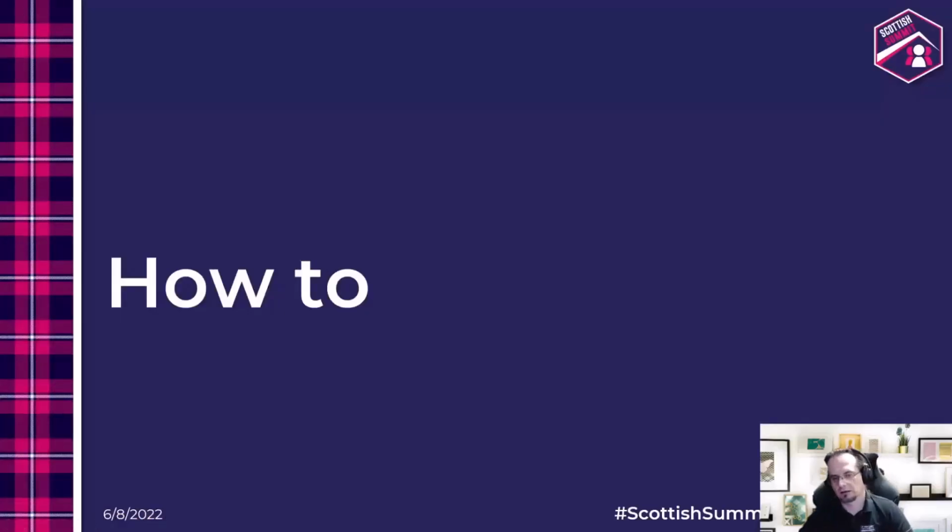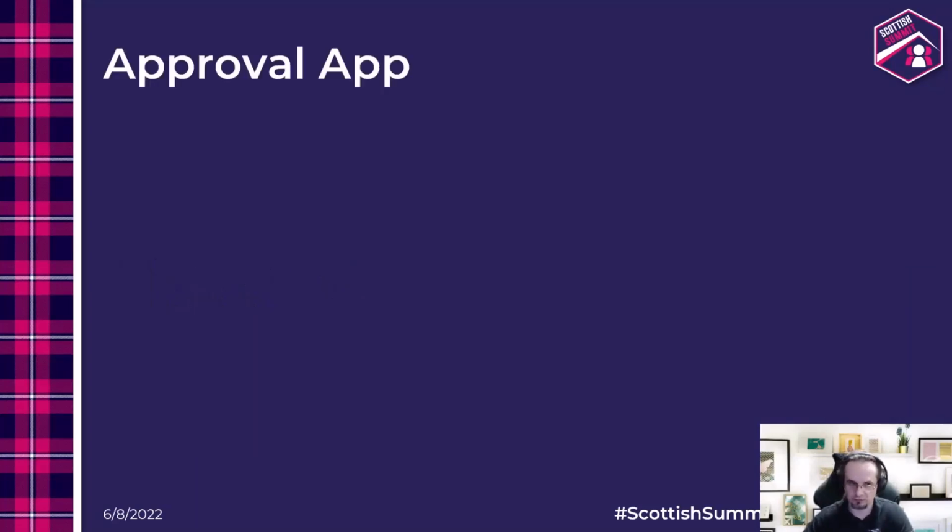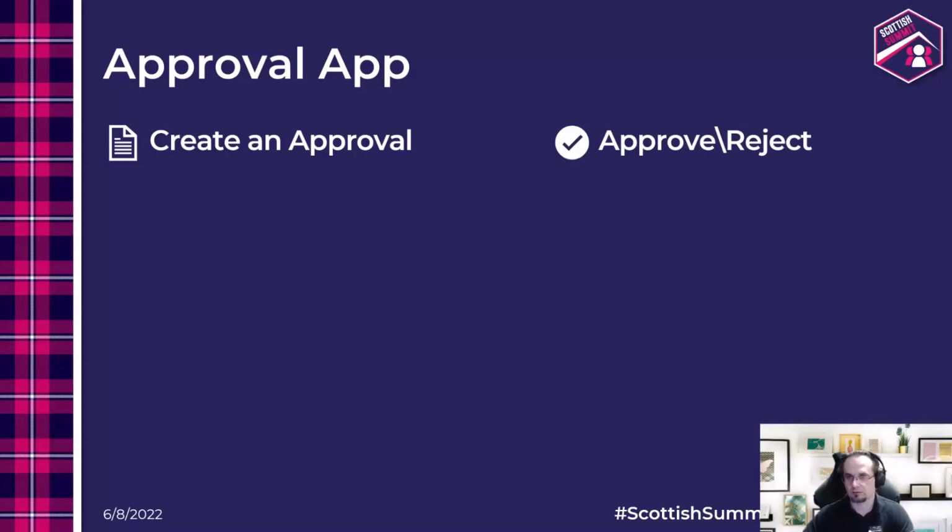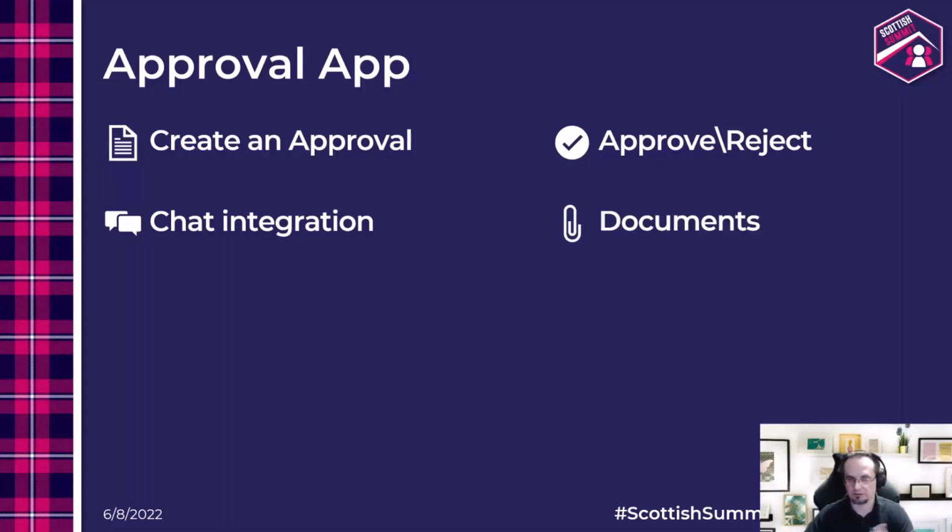Let's switch to the biggest part, the how-to section, where I will show you how to work with approvals, and some advanced features. Right now I will show you how to create an approval from scratch, how to work with approvals, how to approve, reject, and do some additional actions. Then I will talk a little and show you integration with Teams chat, what is possible, what's not possible. Documents, a very important feature, because a lot of approvals are based on documents.